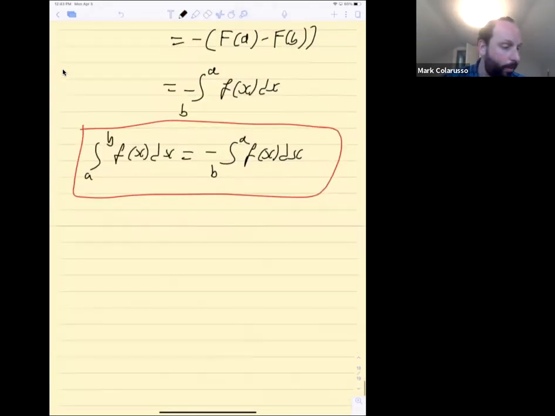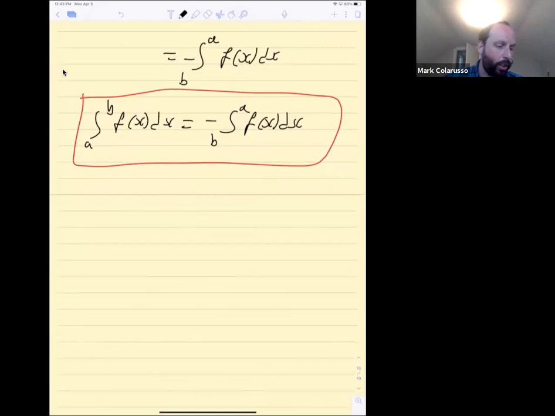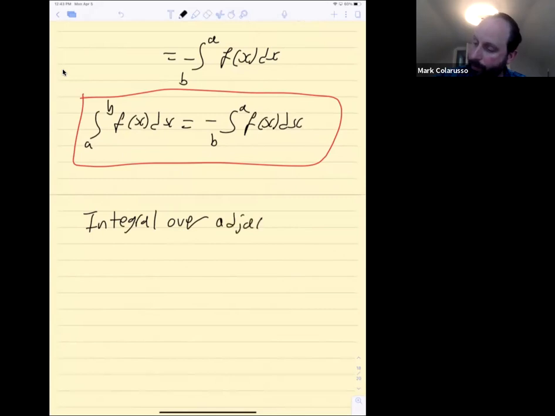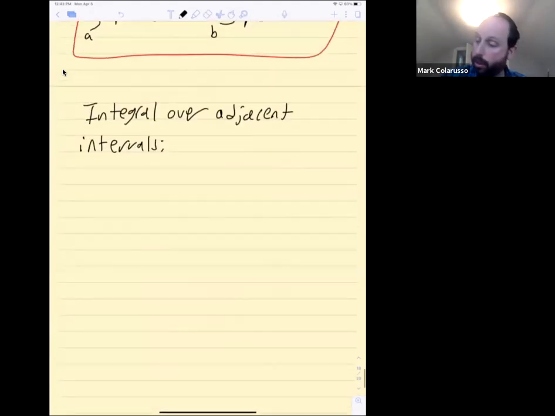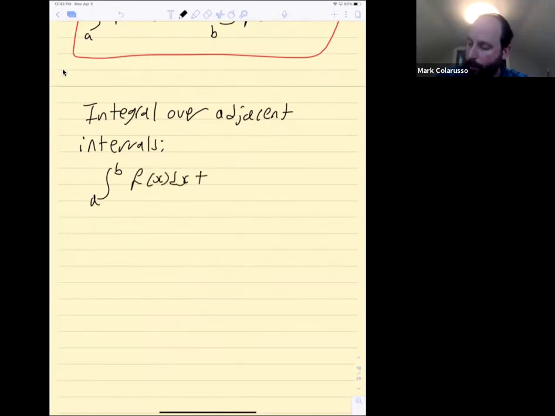And the other one is integration over adjacent intervals. So the integral from a to b of f of x dx: if we integrate from a to b and we integrate from b to c and we add the results together, that's the same thing as integrating from a to c.